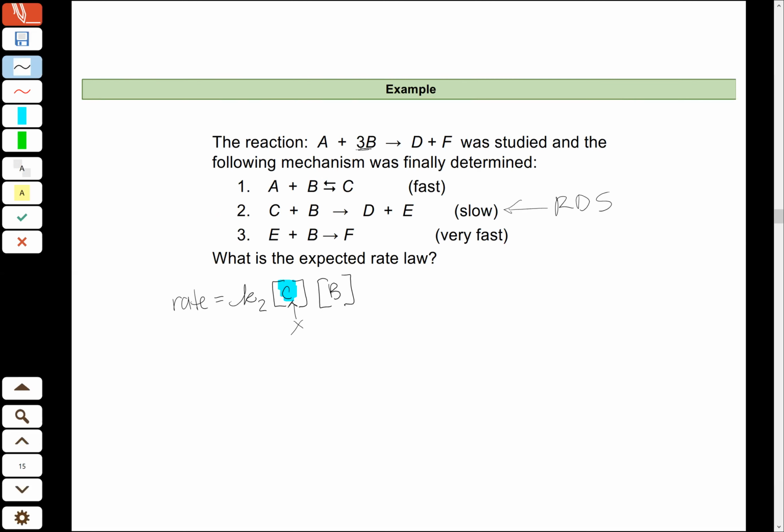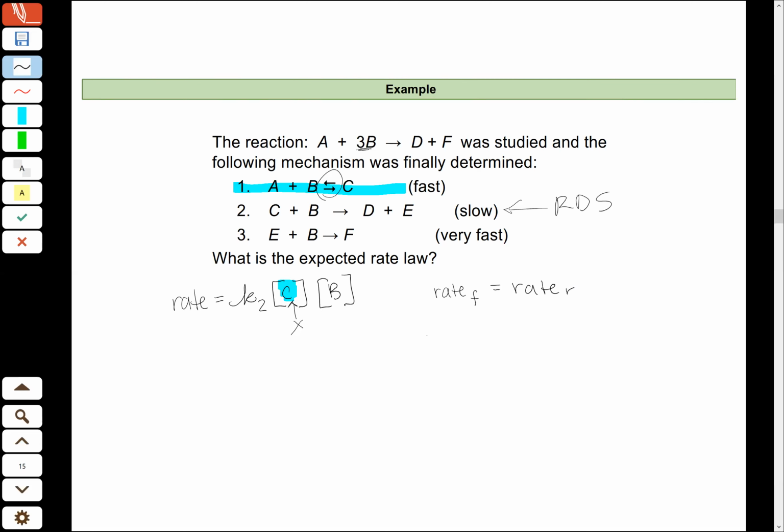I'm going to go to something in my mechanism that has C in it as well. And that is going to be my first step. My third step doesn't have C in it. So this is, again, at equilibrium. So I know that at equilibrium, the rate of my forward reaction will be equal to the rate of my reverse reaction.